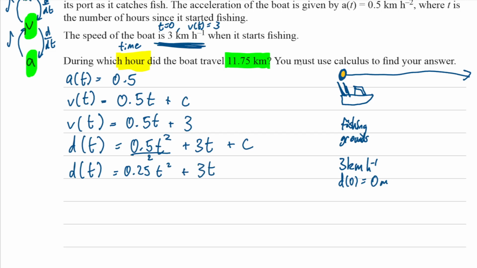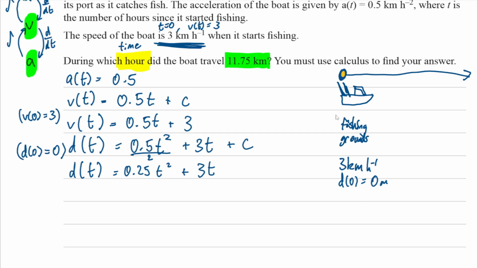Just on the side, I'll write where I get the 0 from for C. When distance is 0, time is 0. And up here, when time was 0, speed was 3. Just showing where I got my values for C from.